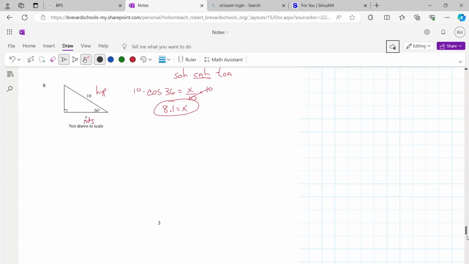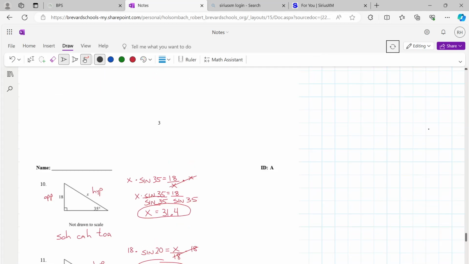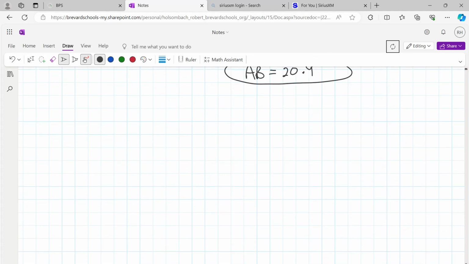All right, so here's your practice for today. We'll start it on page 573.